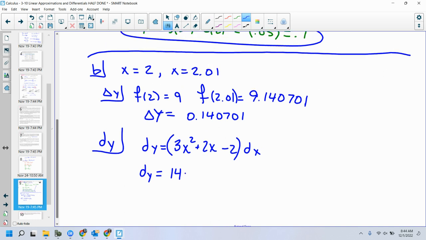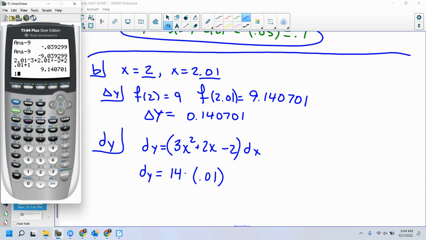Well, what is the differential on x now? What's the differential between 2 and 2.01? 0.01. So that means I'm going to have 14 times 0.01. 0.14.